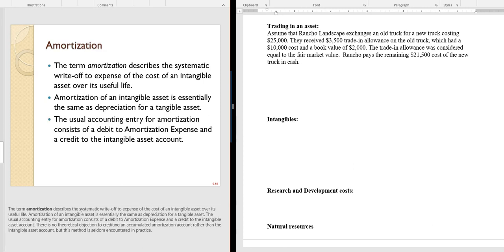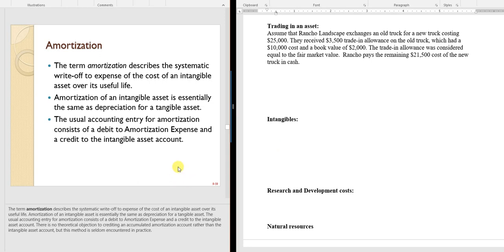Otherwise, besides debiting amortization expense instead of depreciation expense, notice the credit is to the asset account. Some companies actually credit accumulated amortization, but the theory is, since the intangible never existed physically in the first place, it is technically gone at the end, so we can just credit the intangible account itself.